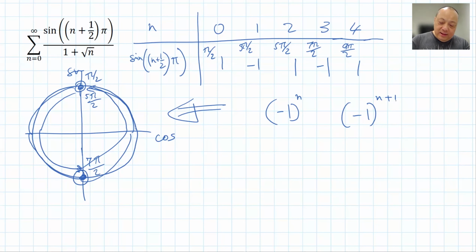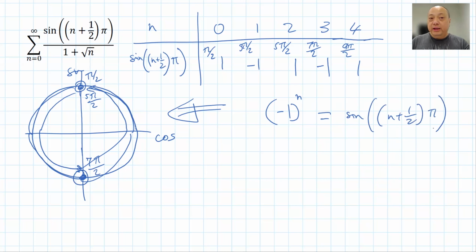Well, in this case, it is equal to 1 when n equals 0. So it's this one, not that one. So I know that my sine is equal to -1 to the power n. That way I can substitute into the series.